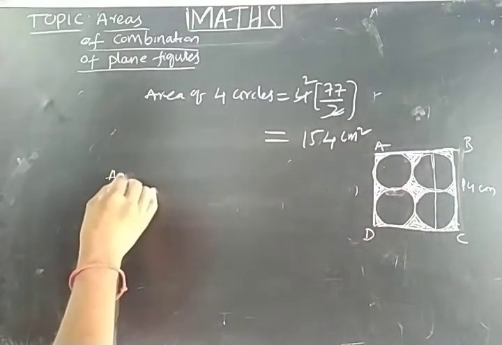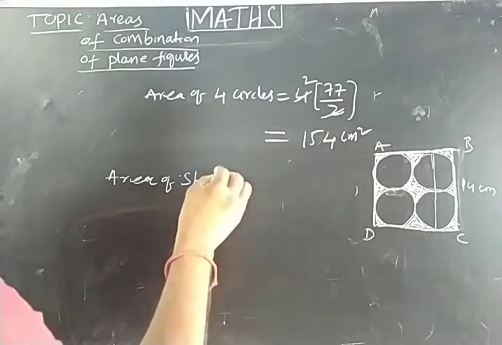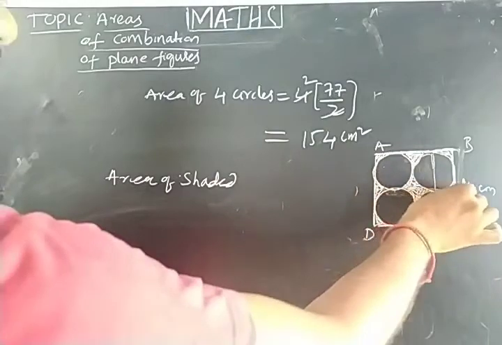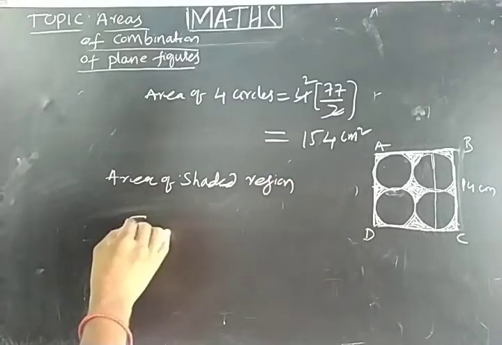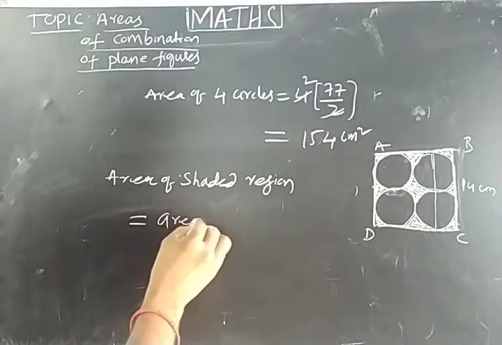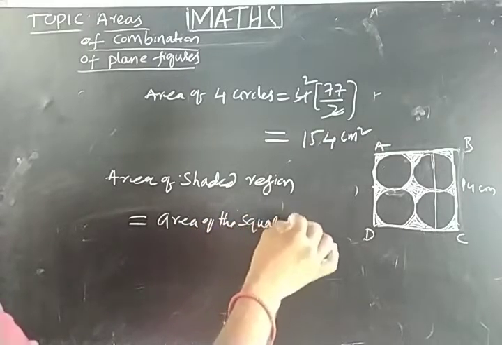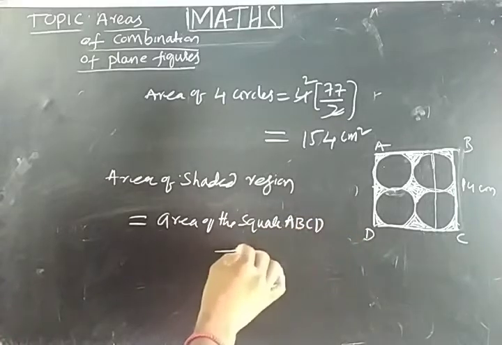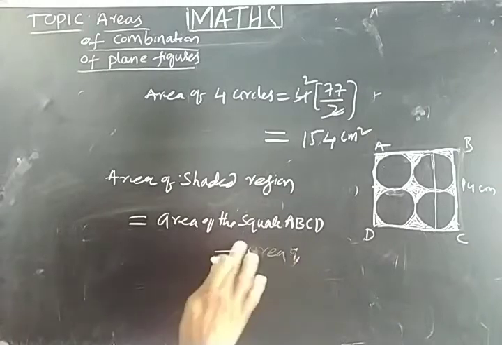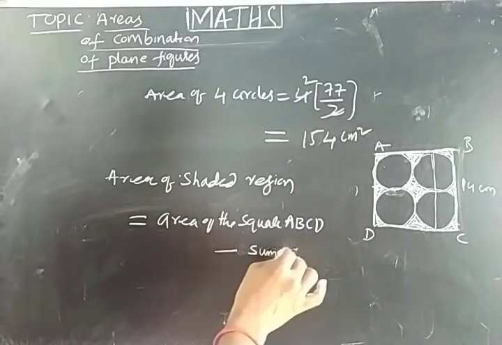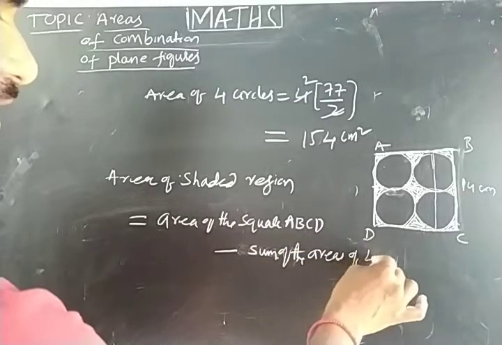Area of shaded region is equal to area of the square ABCD minus the sum of the areas of 4 circles.